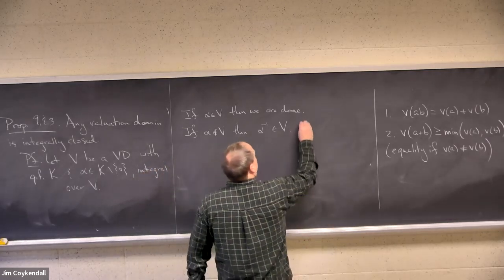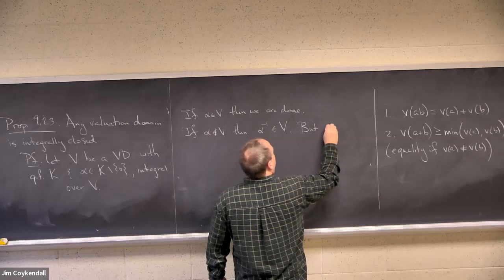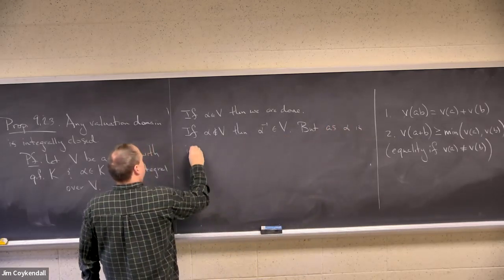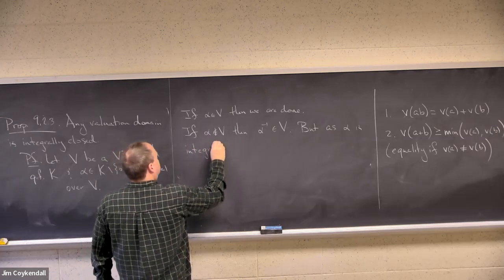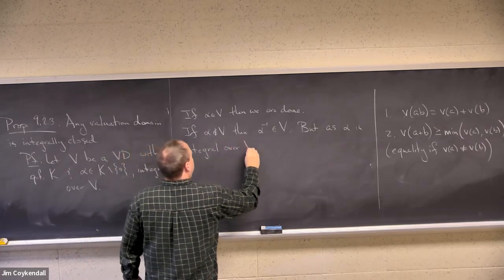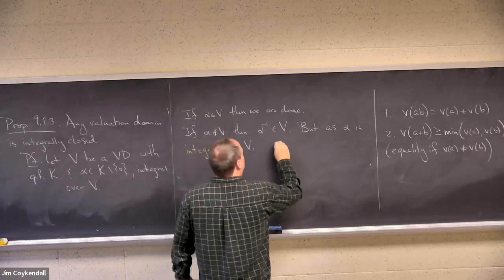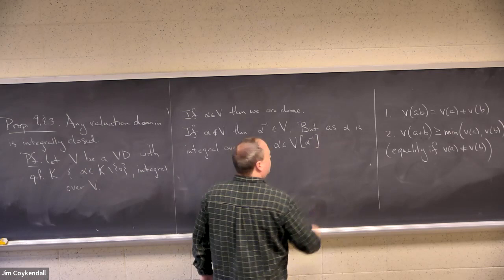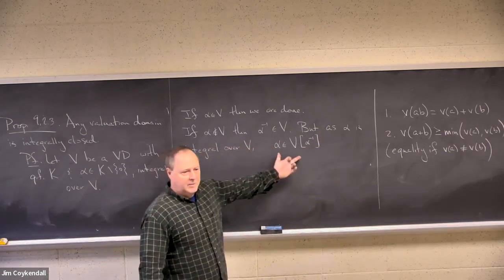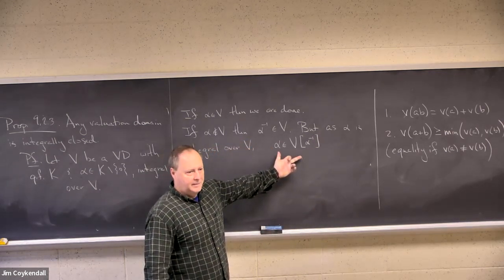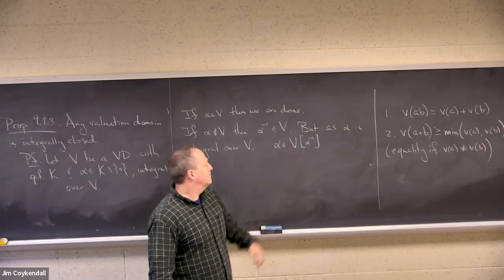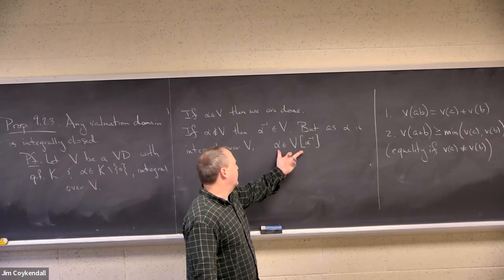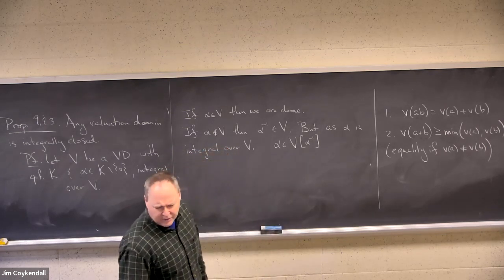But as alpha is integral over V, alpha is contained in V adjoining alpha inverse. Do you all remember that lemma from last time? I may have rearranged alpha and alpha inverse here, but it's the same.